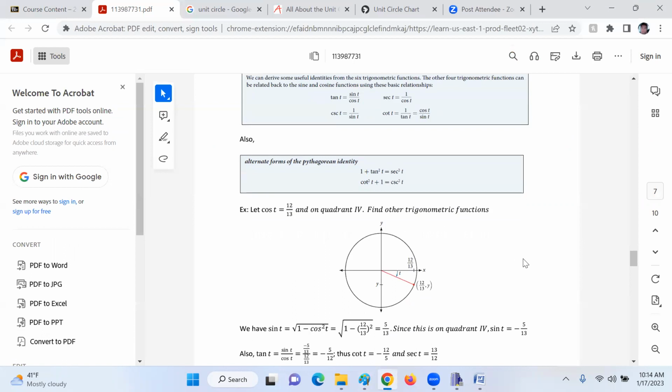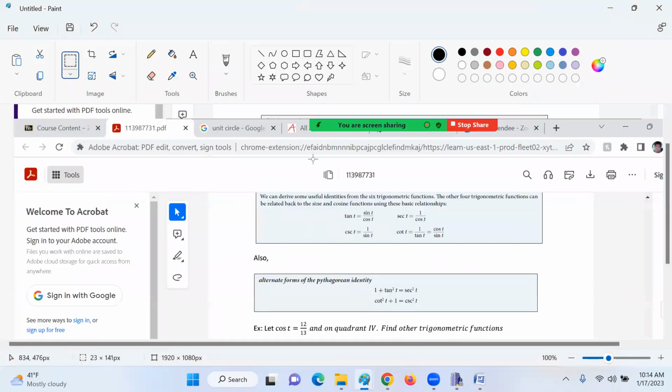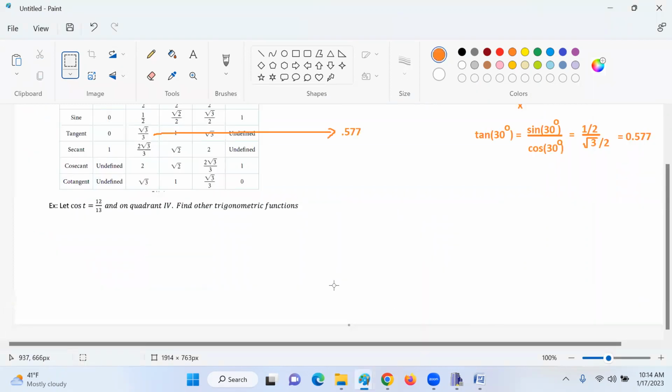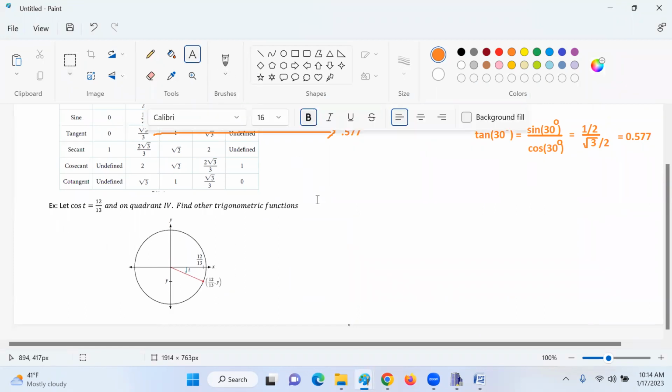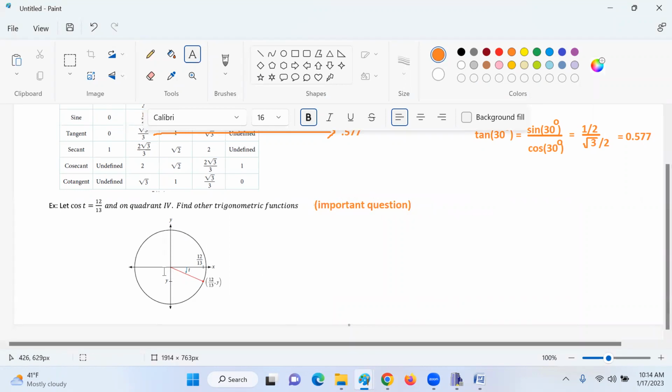So what does that mean? Let me just pull up the things here. So this is what we need to do. So this is an important question. Okay, so what does that mean by this? So I have the cosine, which is 12 over 13.